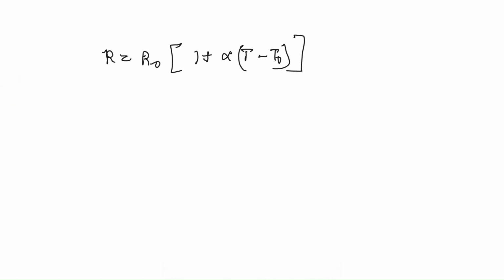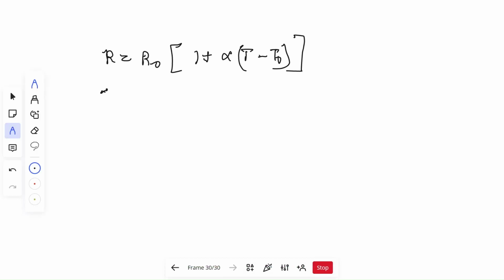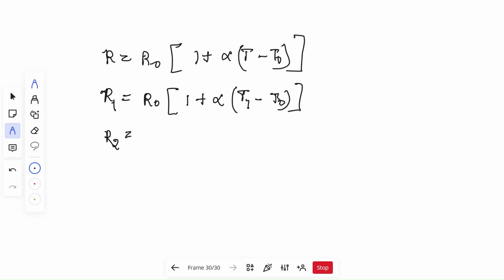So, if there are two different temperatures, T1 and T2, we can calculate the resistance at temperature T1 as R1, which would be R naught into 1 plus alpha into T1 minus T naught. Similarly, R2, the resistance at temperature T2, is R naught into 1 plus alpha into T2 minus T naught.